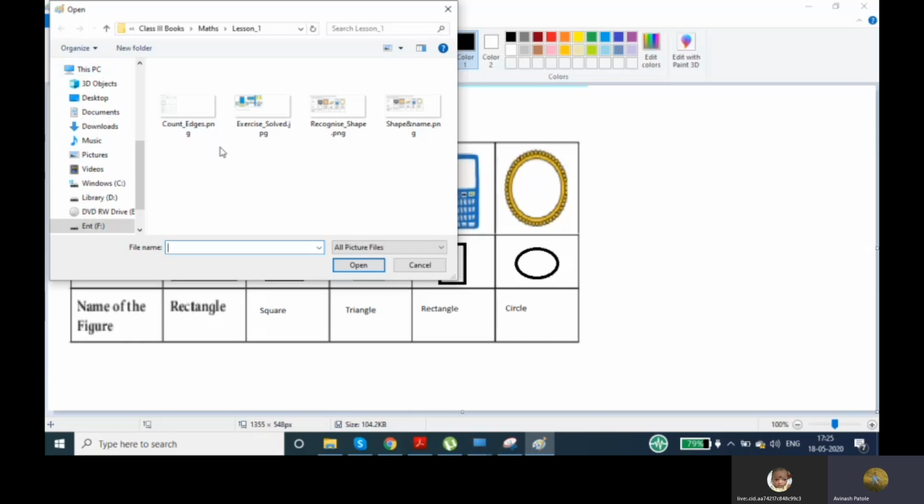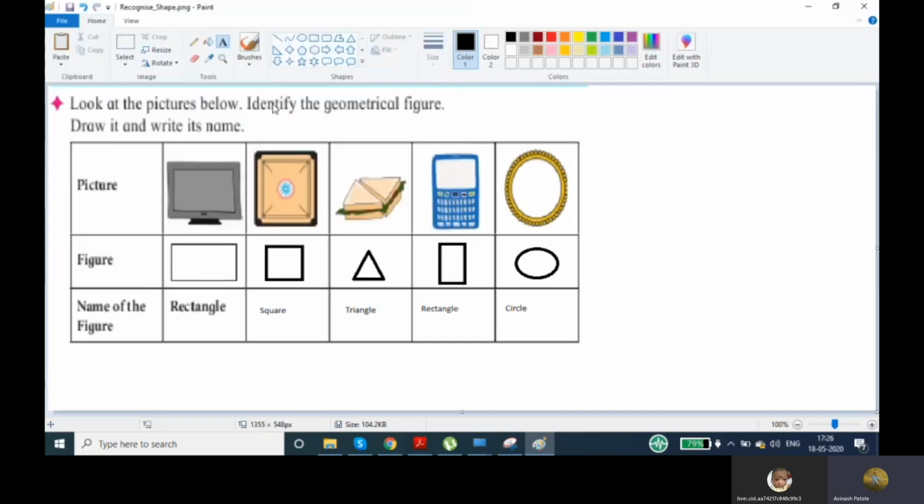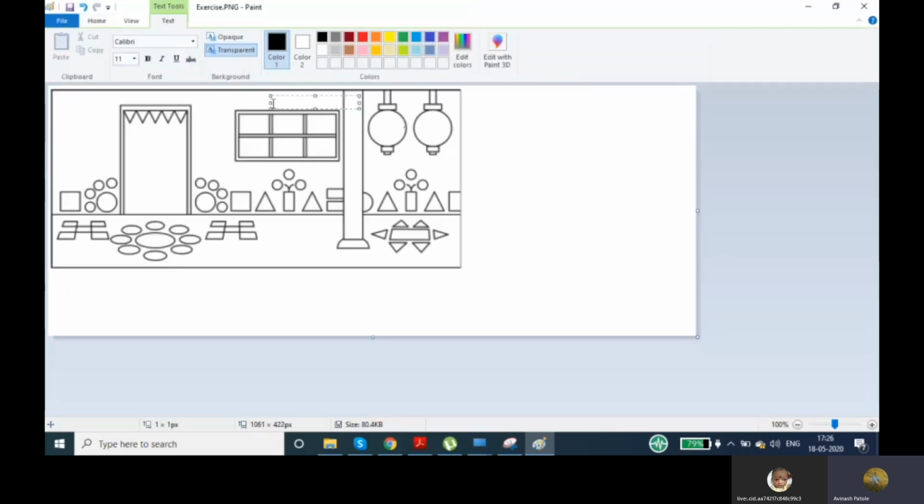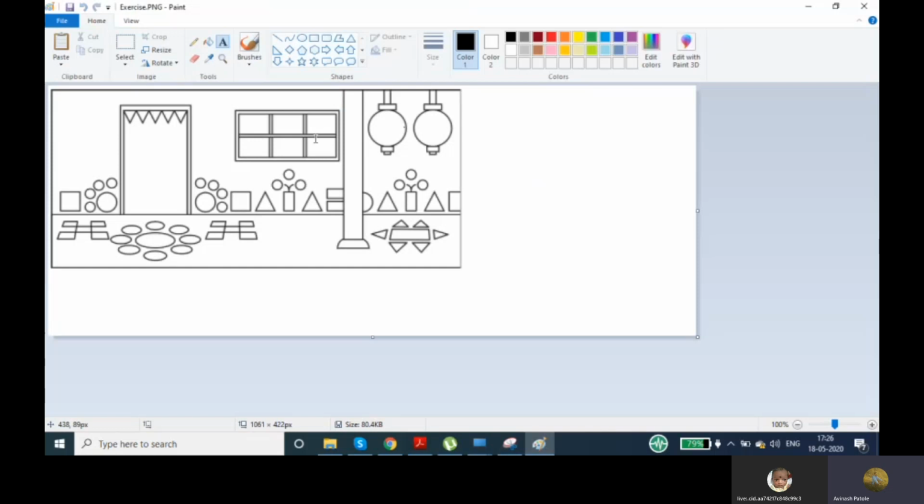Let's grab this activity. So there we go. We have this activity here. So now we are just going to paint this.